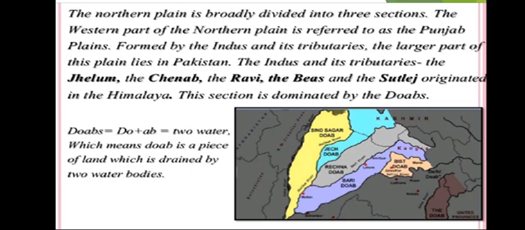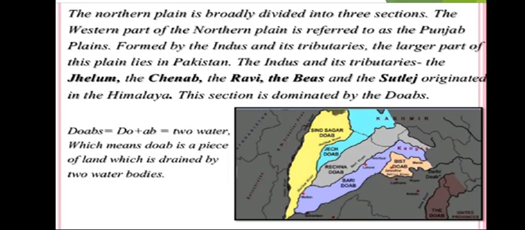What does Doab mean? The northern plain is broadly divided into three sections. The western part of the northern plains is referred to as Punjab Plains, formed by the Indus and its tributaries. The larger part of this plain lies in Pakistan.